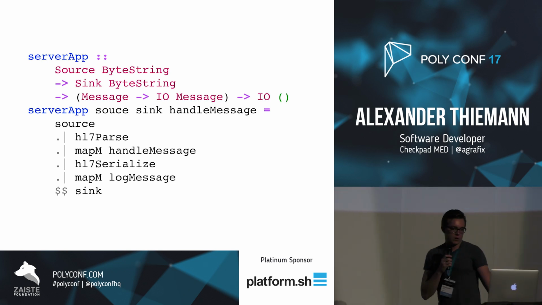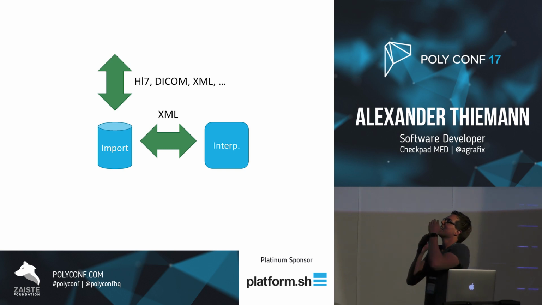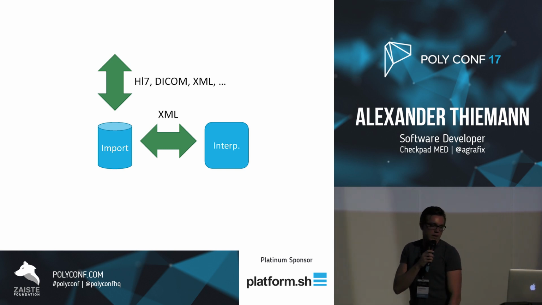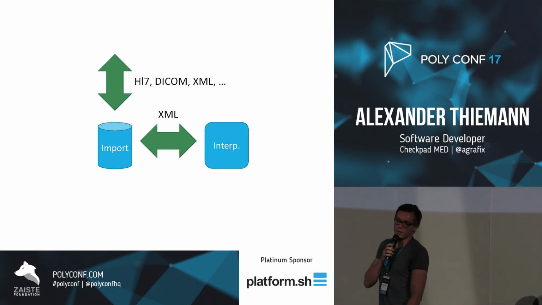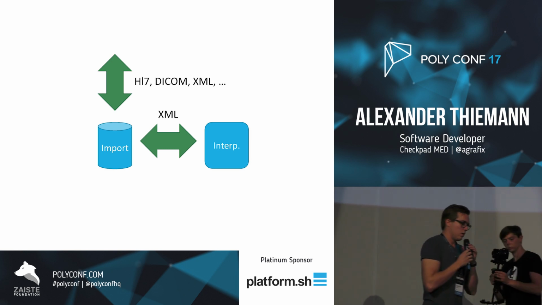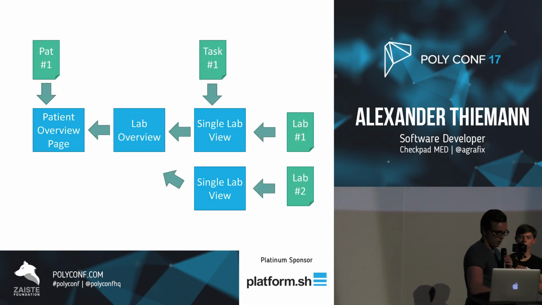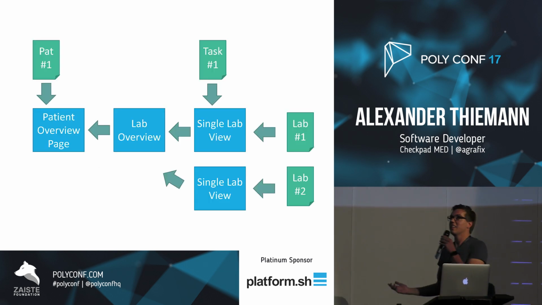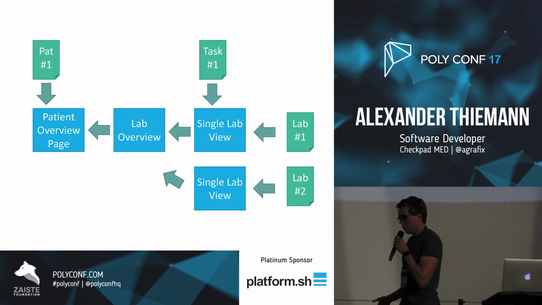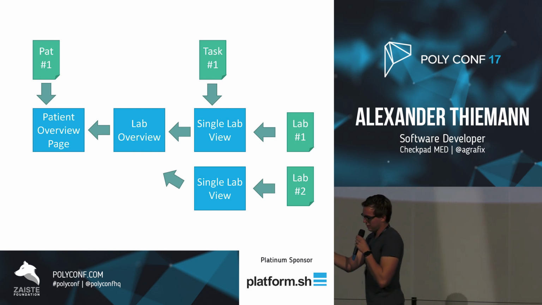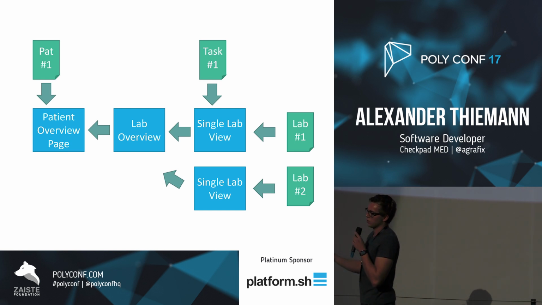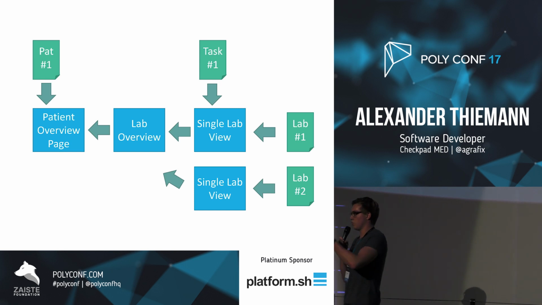Right. So the next step here was this import service that takes these different formats, and now we have them in XML. And the problem we ran into is that hospital data constantly changes, right? For example, now we generate XML files of a patient, but the patient's first name was entered wrongly.